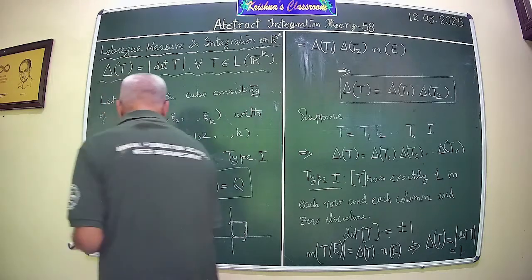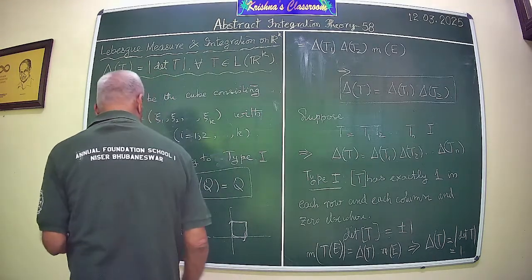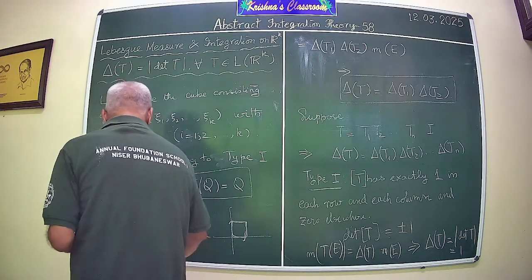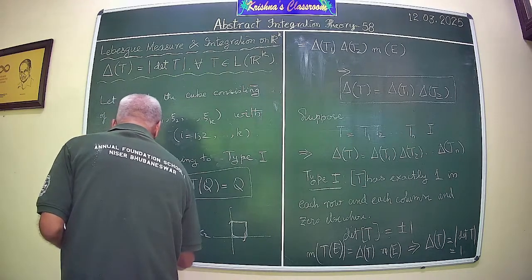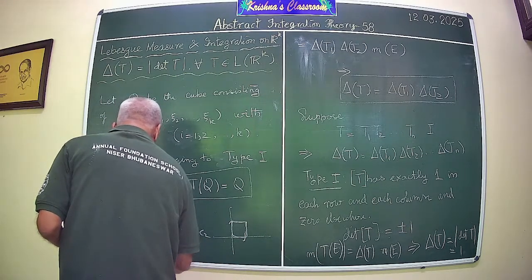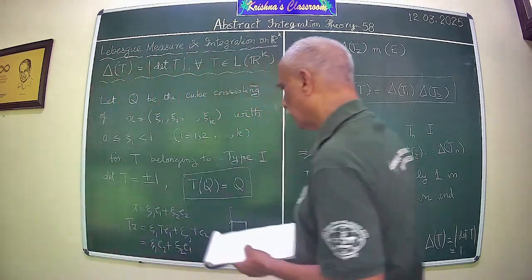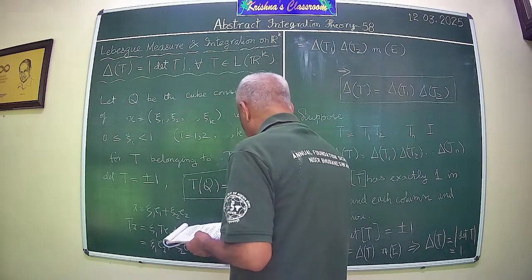What is that? That's equal to psi 2 Te1, and Te1 is E2. So psi 1 E1 plus psi 1 E2 plus psi 2 E1. Now you can easily see what this operation is.